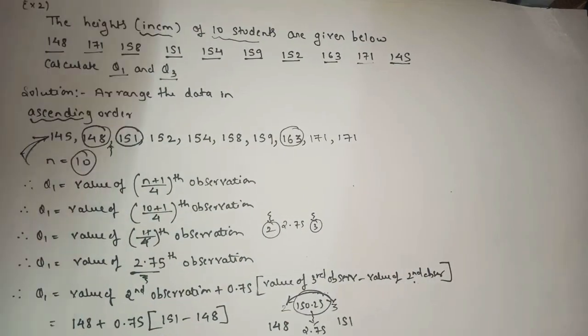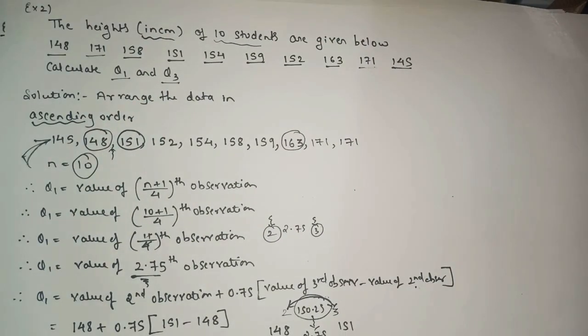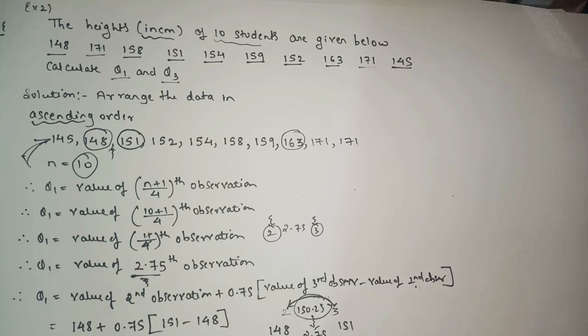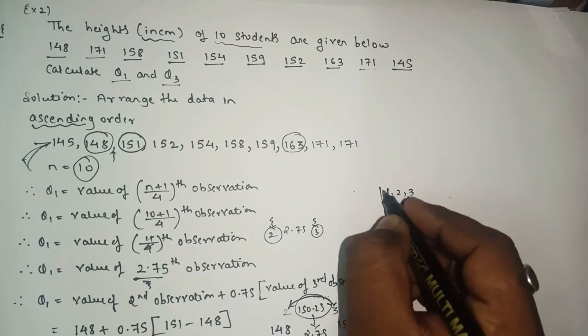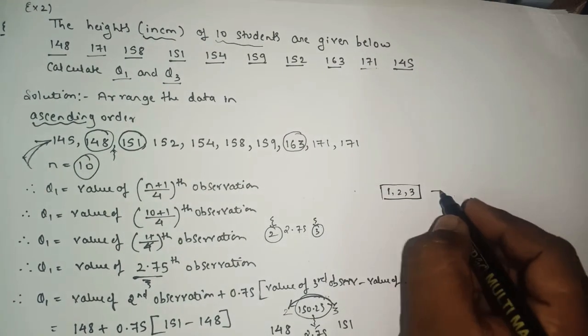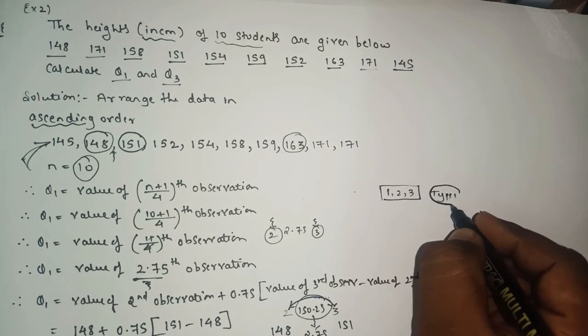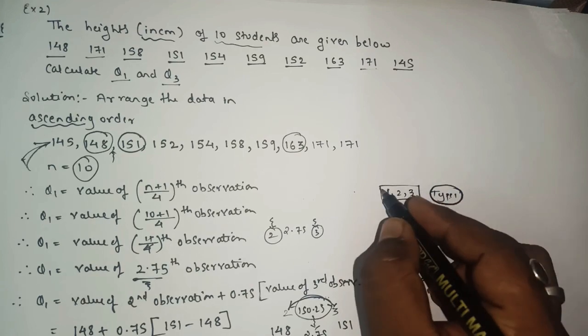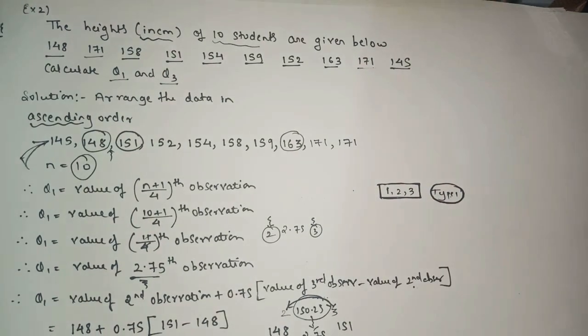I hope you all understood both the sums of type number 1. In the first exercise, the first three sums, I guess, are based on type number 1. If you want, you can solve the sums by yourself. The first three sums are based on type number 1.